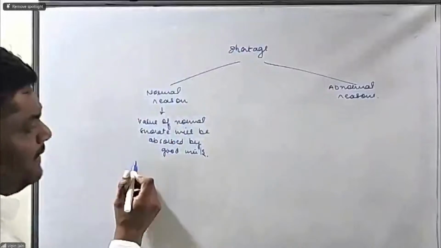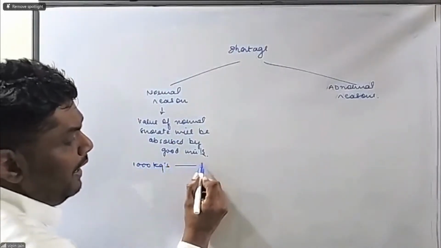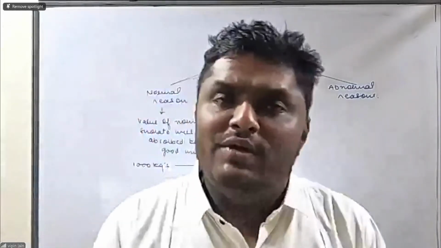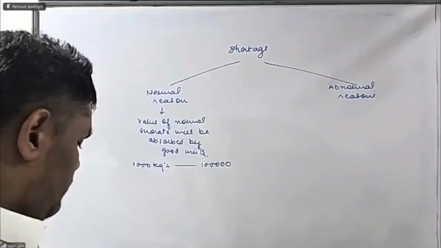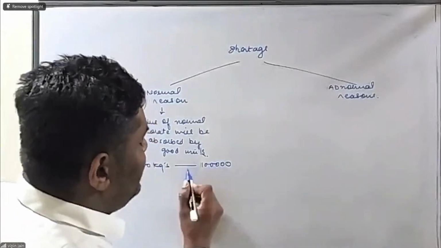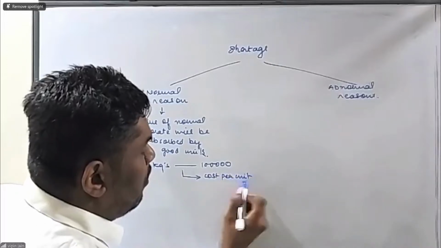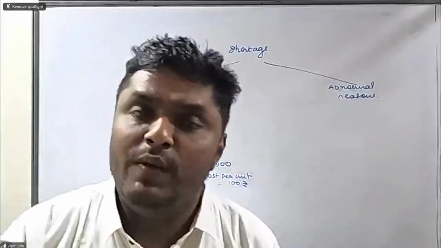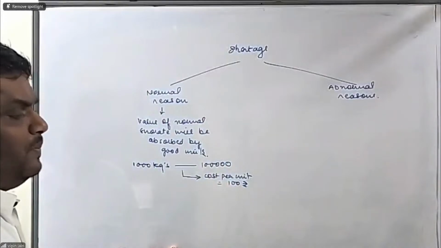So let's say I purchase 1,000 kgs at the total amount of 1 lakh. So what's the cost per unit? 100 rupees per unit.